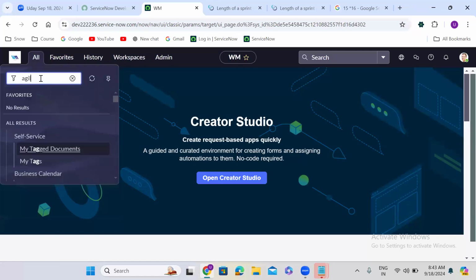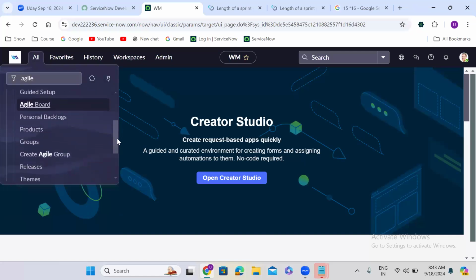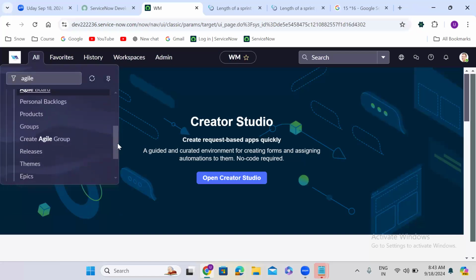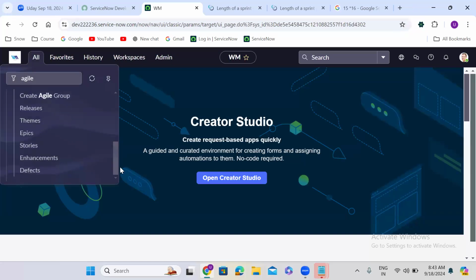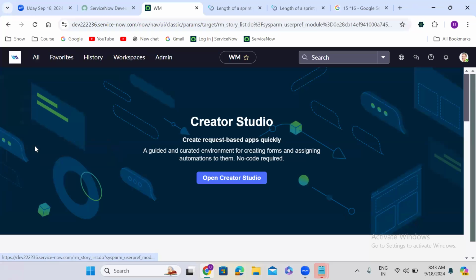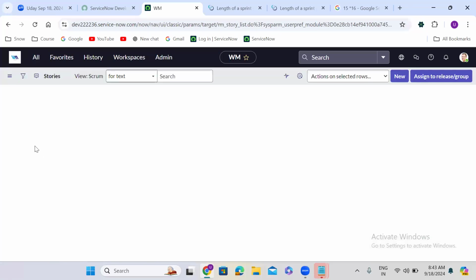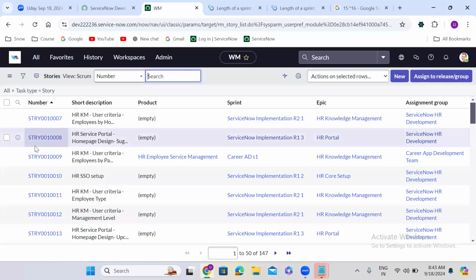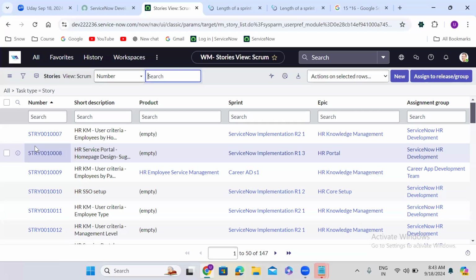You go to the agile development. Here you go to the stories. Stories means requirements, guys.